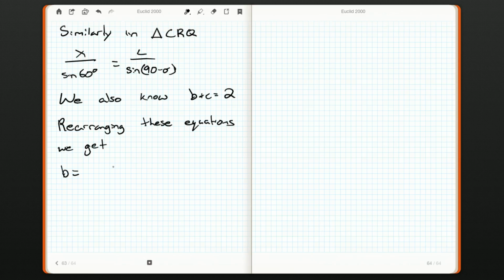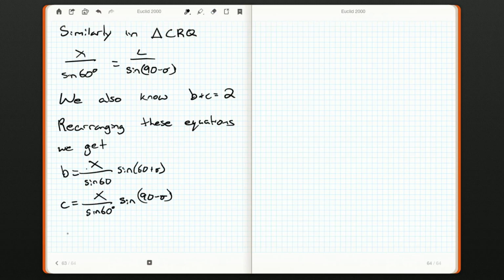So we get b is going to be x over sine 60 times sine 60 plus sigma. C will be x over sine 60 times, we rearrange this, sine 90 minus sigma.